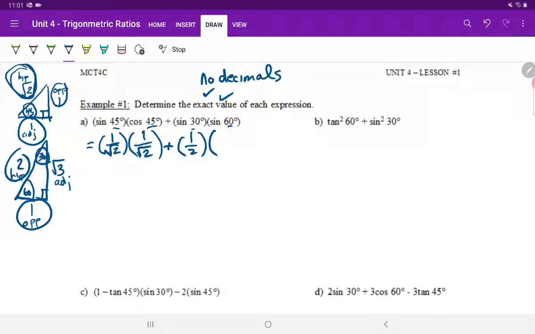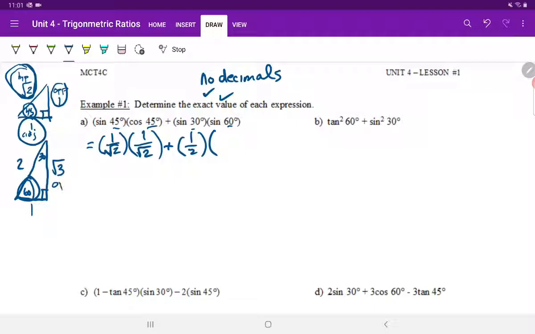And the sine of 60. Okay, so be careful here now. The 30 is no longer our angle of reference. It's now our 60 because we have sine of 60. 60 is our angle of reference, so we have to relabel our triangle.